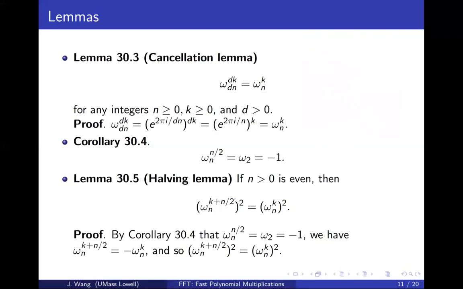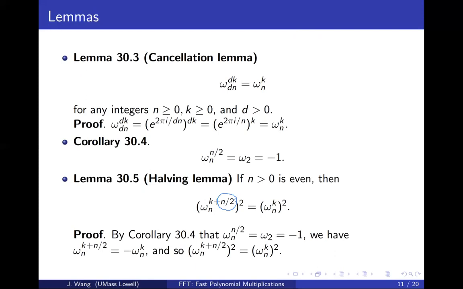Okay, so we can simply get rid of this n over 2, so that's still equal. The reason for doing this is we know from here, omega n to the n over 2 is equal to negative 1. Then we multiply omega n to the k's power.